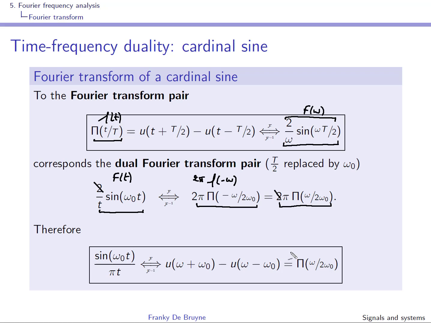So time frequency duality says that the Fourier transform of a rectangular window in time is a cardinal sine, and the Fourier transform of a cardinal sine is a rectangular window but in frequency. This is something that will be used extensively again in the next section on sampling theory.